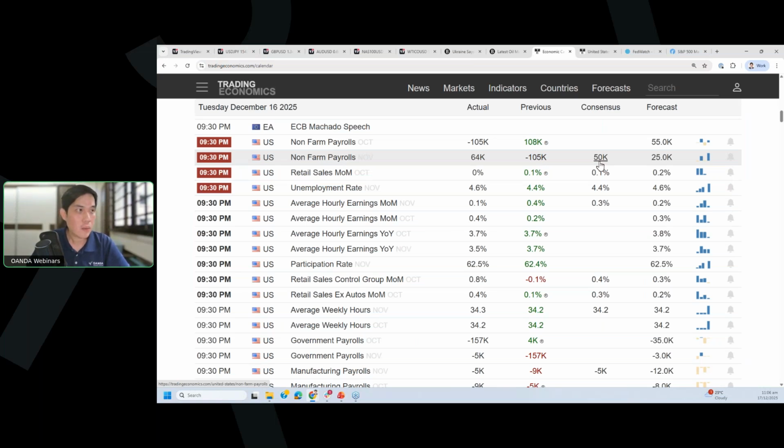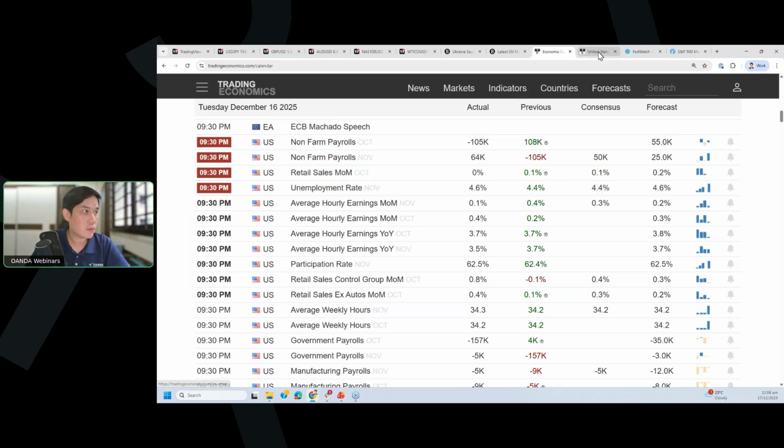However, what's not so optimistic was the unemployment rate. The unemployment rate rose to a high not seen since September 2021. The market was expecting a constant rate of 4.4%, which has been in place since October, and right now the November rate spiked up to 4.6.